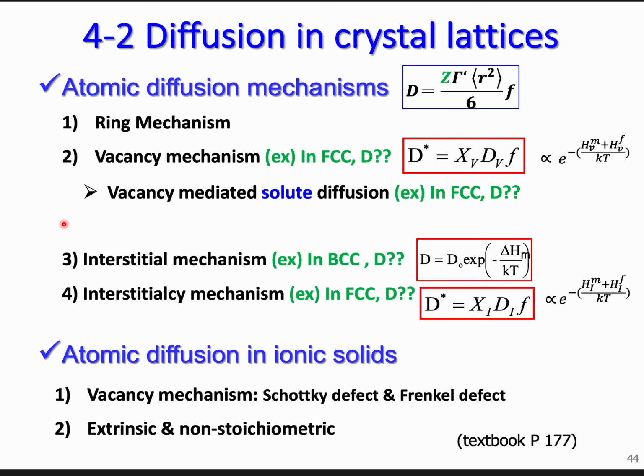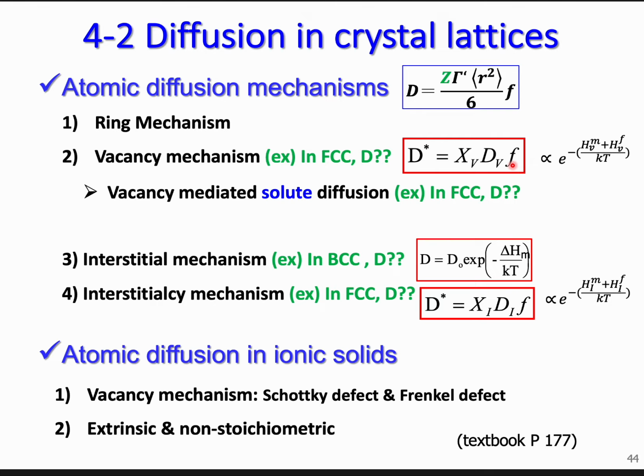So next, we are going to give you a summary focusing on the vacancy mechanism. In the previous sections, we talked about the vacancy-mediated mechanism. In that case, all the atoms belong to the host, so the diffusivity of the host atom can be expressed like XV dVF.